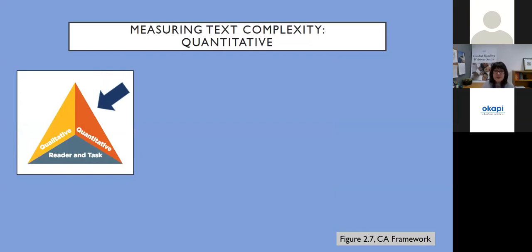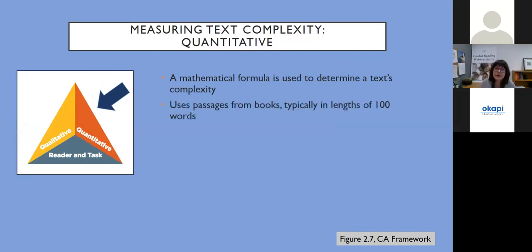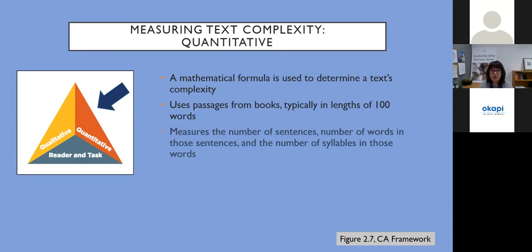All right, so this is a mathematical formula that's used to determine a text complexity. And it uses passages from the books. Those passages are typically lengths of 100 words. And in longer novels, there might be 3 different sets of passages that would come from those books. And that passage is fed into the mathematical formula.